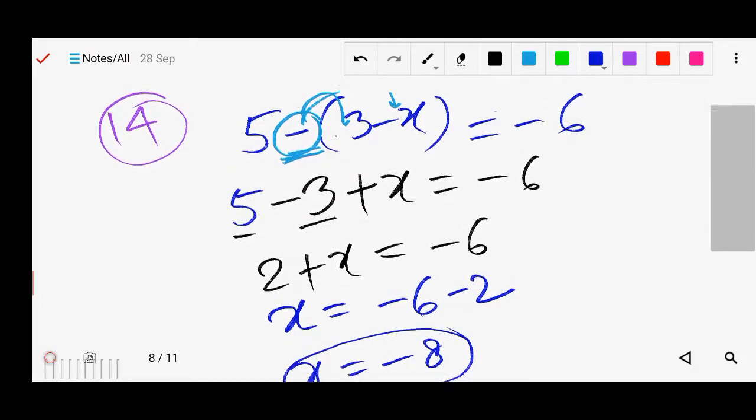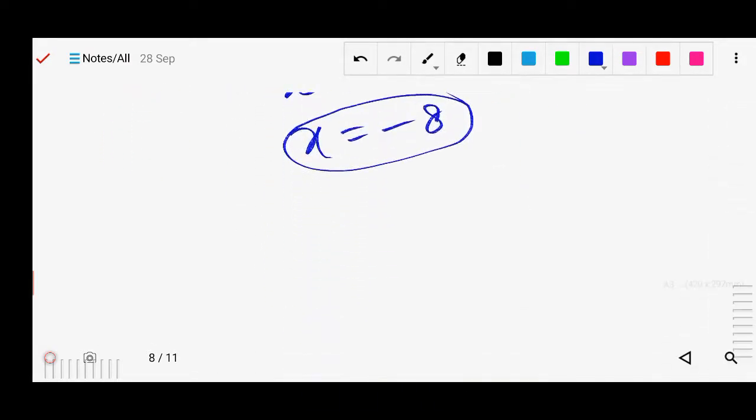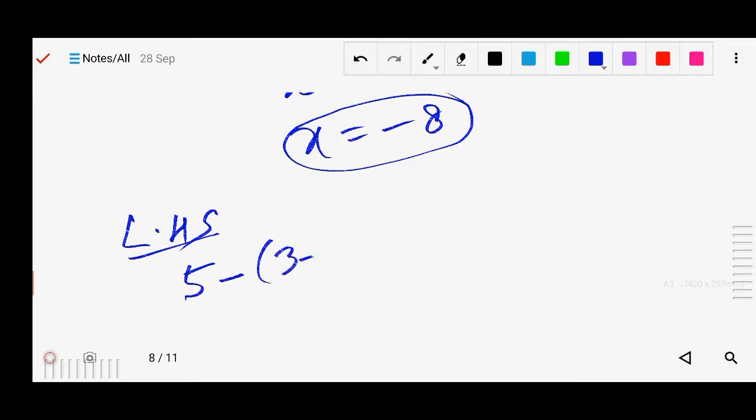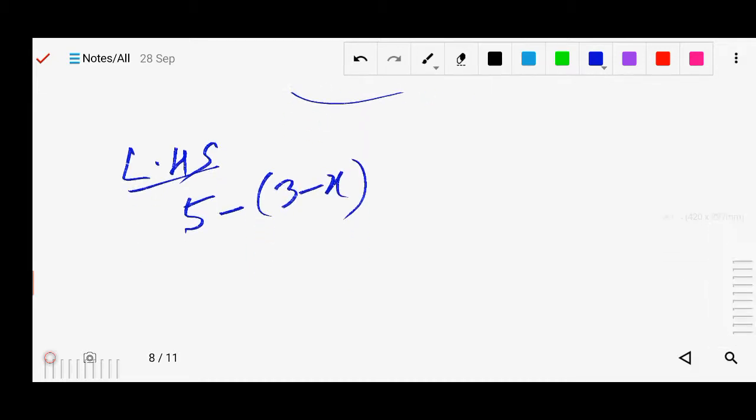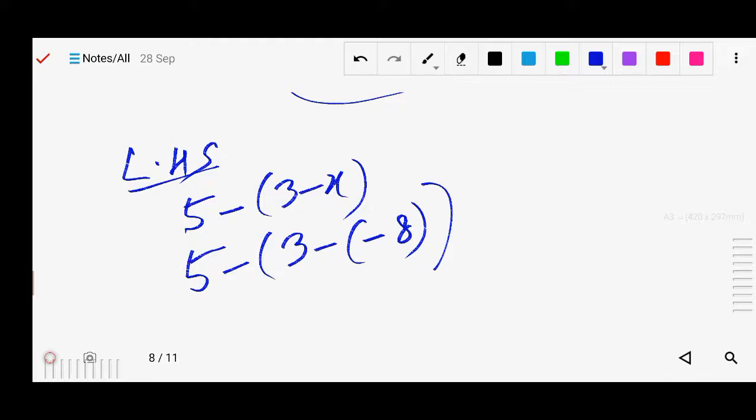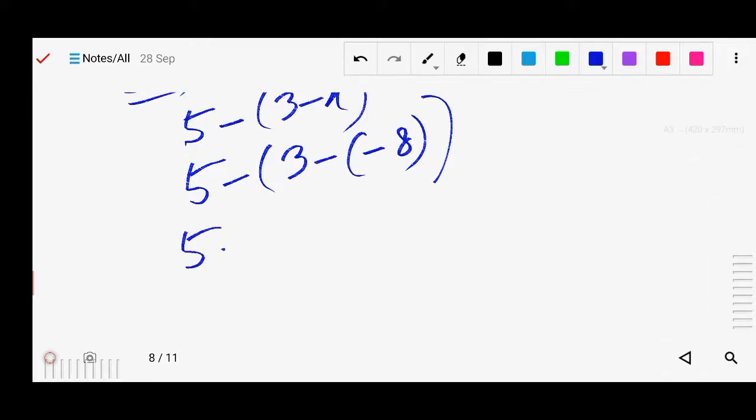Now you can check that. On the left hand side it is 5 minus (3 minus x). You can place the value. What is the value of x? The value is minus 8. Now first of all, this minus minus becomes plus, so here it will be plus 8.